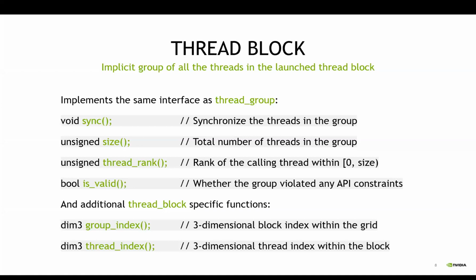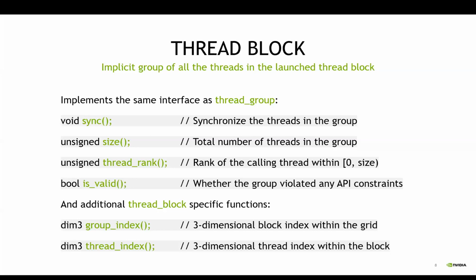A couple other methods that we might be interested in, for example, what is the size of this group in terms of the number of threads? We have a method that provides that. Thread rank is a method that will provide, for a given thread that is executing it, a unique number within the group. So if I have a group of 4 threads, then I can expect that if each of those threads executed the thread rank method on their group, each of them would receive a value from 0 to 3, 1 per thread.